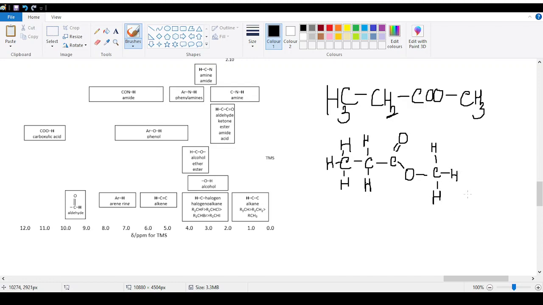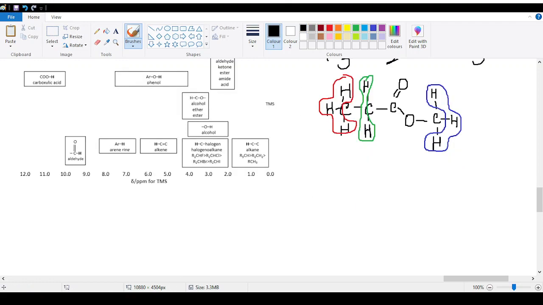How many different chemical environments are there? I guess there are four probably. Okay, how? These three have one environment, obviously. These two have the same environment, and these three have the same environment. So in total, how many different environments? Three. Three different environments.